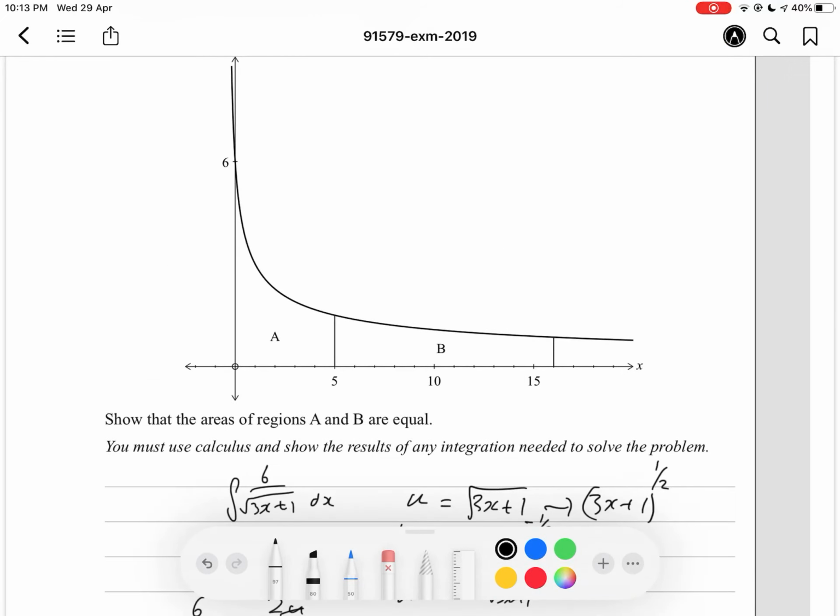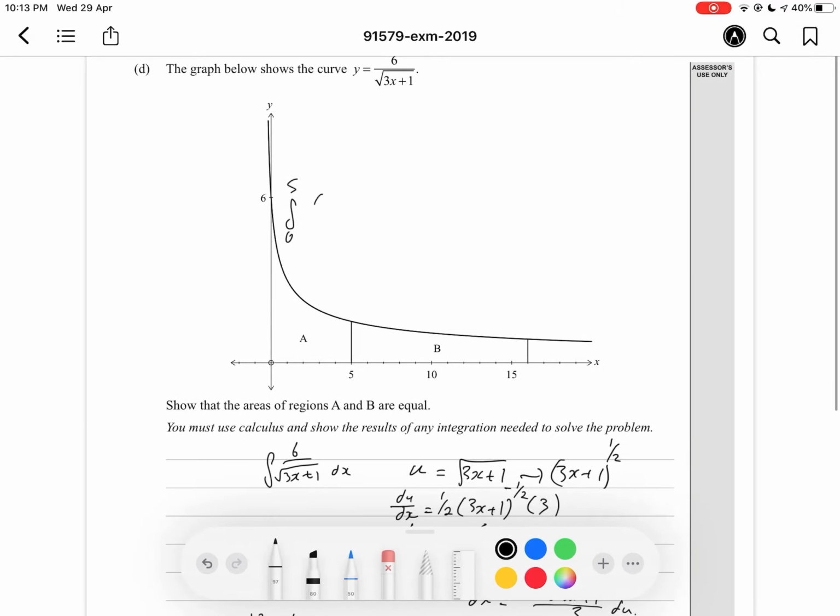Okay. So we're trying to prove that the area of A is equal to the area of B. The area of A can be found with the definite integral from 0 to 5 of our function 6 over square root of 3x plus 1, and the area of B will be the same but between x equals 16 and x equals 5 of the same function.